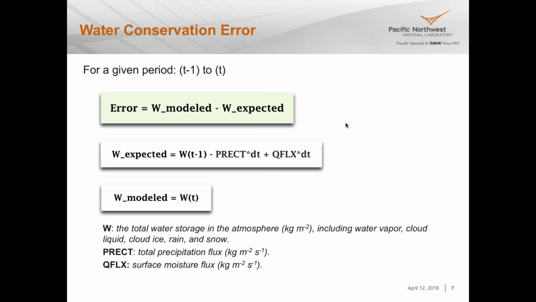The error is defined by the modeled water column burden minus the expected water column burden. The expected water column burden can be calculated using the previous time step water content burden, the precipitation flux and surface moisture flux.